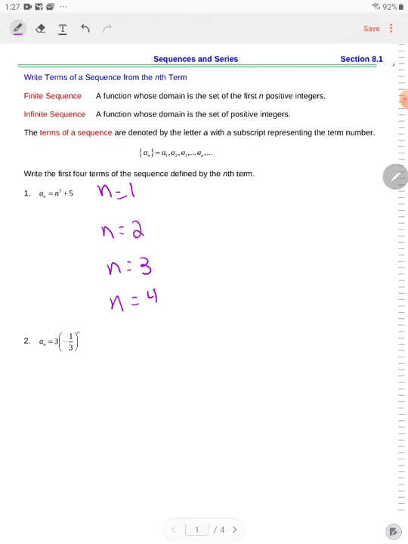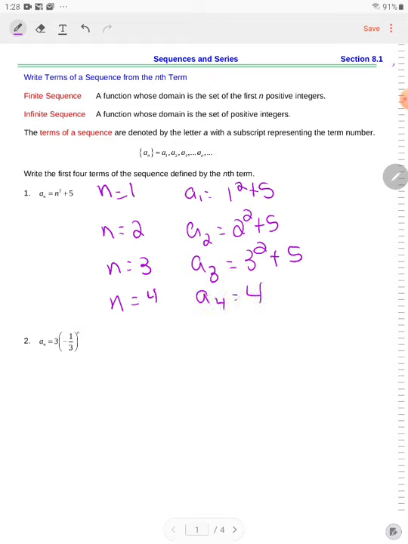Which means that a1 is equal to 1 squared plus 5. a2 is equal to 2 squared plus 5. a3 is equal to 3 squared plus 5. And a4 is equal to 4 squared plus 5. And we stop at 4 because it asks us for the first 4 terms.